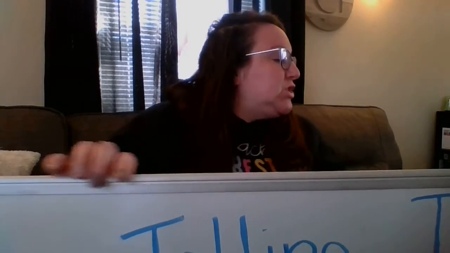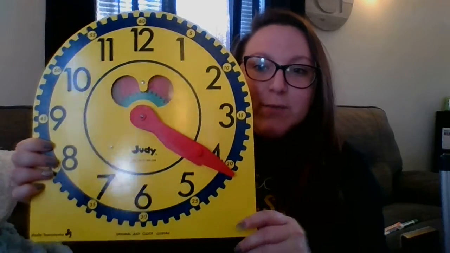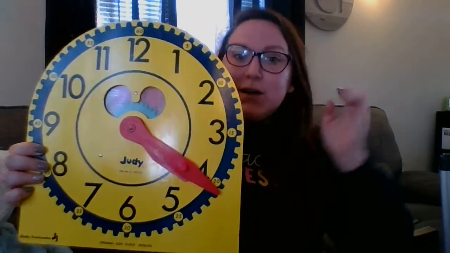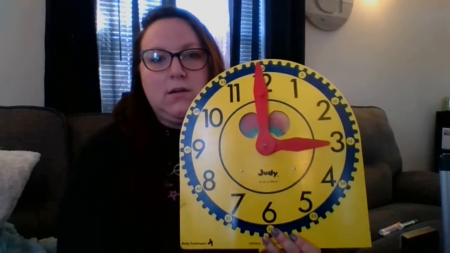Okay, so I have brought with me from school, anybody recognize this guy that you like to play with? This is a Judy clock. So a Judy clock is just basically an example clock. Okay, so let's make my example clock say 3 o'clock.